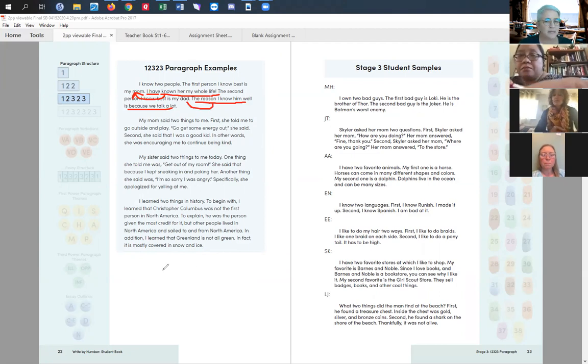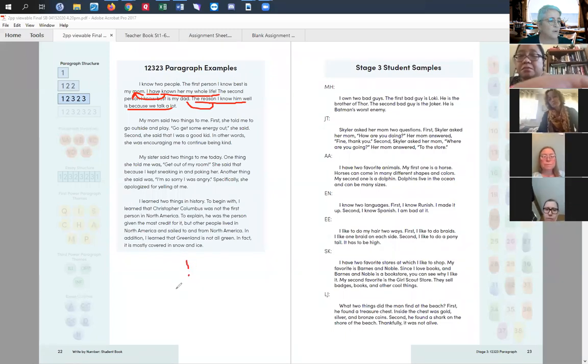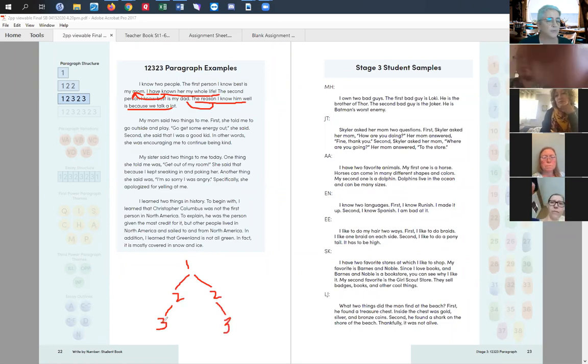So what happens is you end up with this structure. You have a 1, a 2, and a 3. But we write it as a 1, 2, 3, 2, 3. Okay?